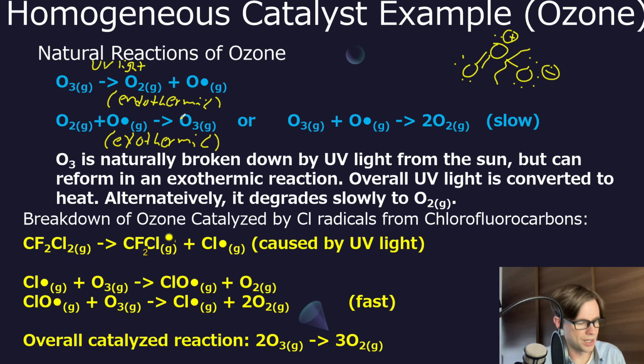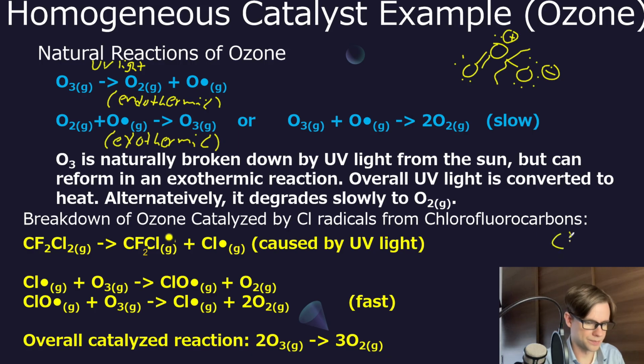So here's difluorodichloromethane, CF2Cl2. If this is in the atmosphere, it can also react with UV light, and it will release a chlorine radical, Cl dot. So that's a chlorine with an unpaired electron.